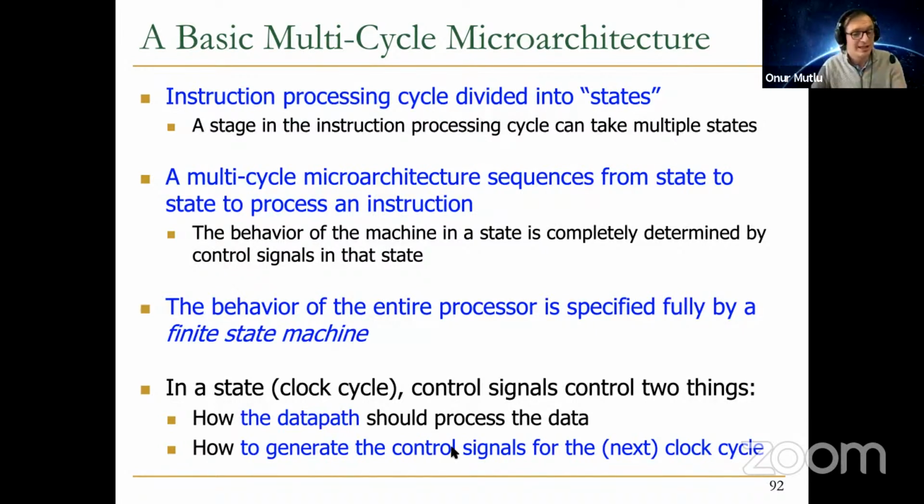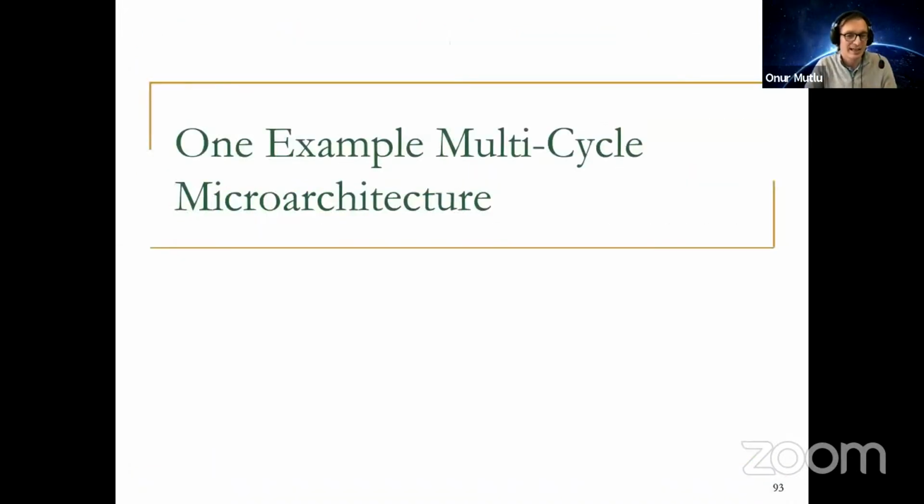But in a multi-cycle microarchitecture, we can also generate the control signals for the next clock cycle. This way, while you're doing processing of the data path in one clock cycle, you're generating the control signals for the next clock cycle as well. So this way, you're overlapping, concurrently doing control and data processing. This will become a little bit more clear later. And certainly, if you do the readings, it's going to be even more clear because your readings are going to cover this a lot more than I will cover in the lecture.